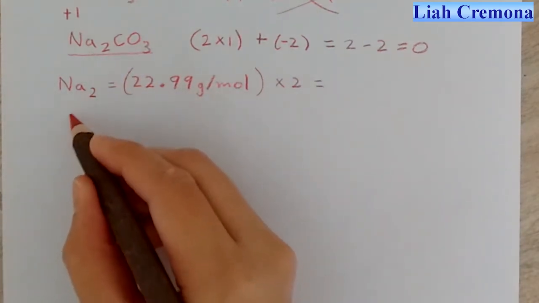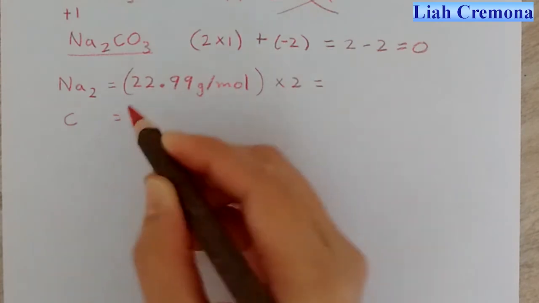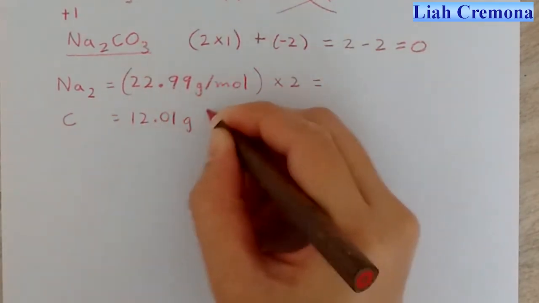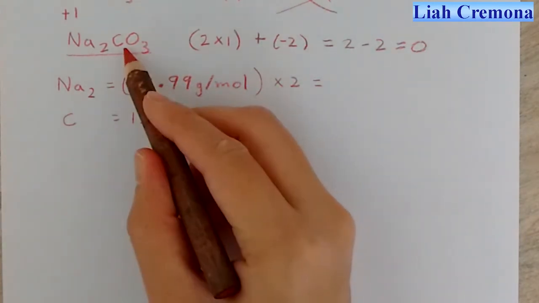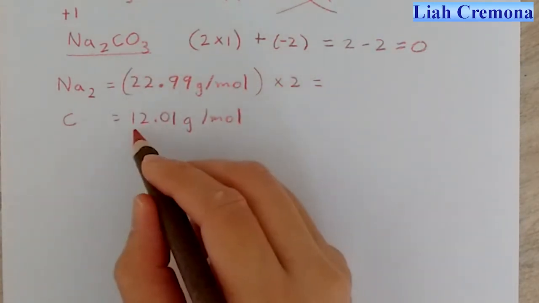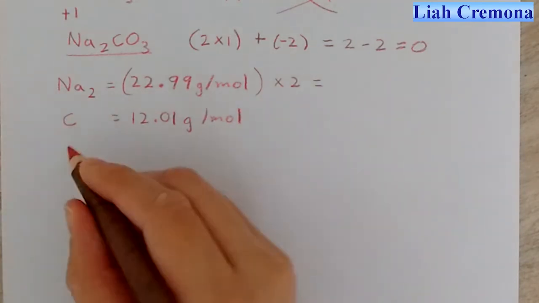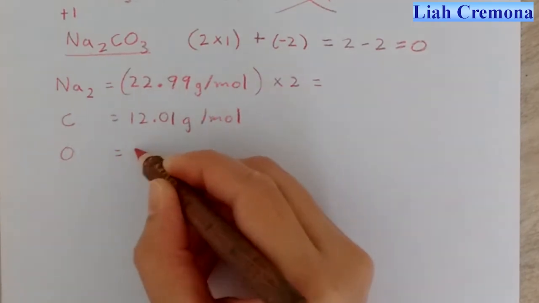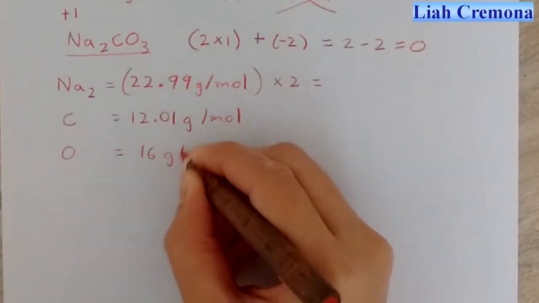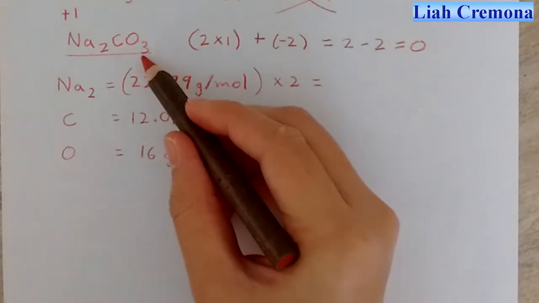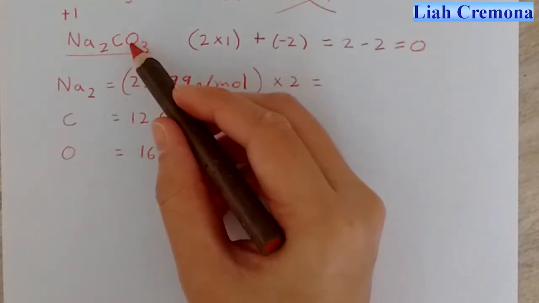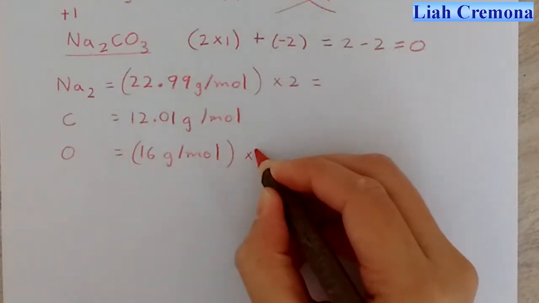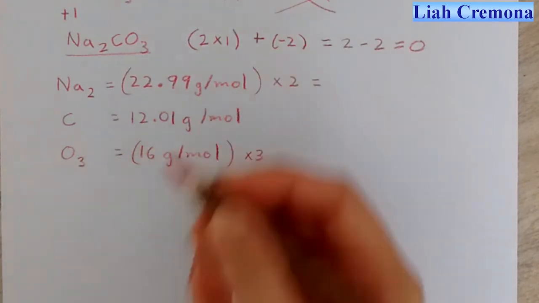Here we have 1 carbon, and carbon has a mass number of 12.01 grams per mole. We only have 1 carbon atom, so we just leave the number here as it is. For oxygen, we have a mass number of 16 grams per mole. However, we see a subscript 3 that applies only to oxygen, so we know that we must multiply 16 times 3, which gives us this.